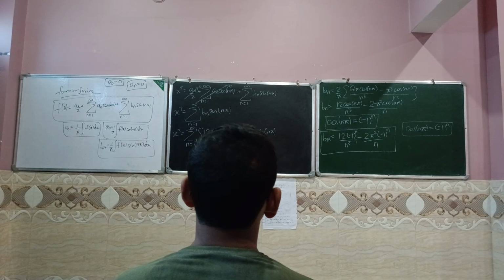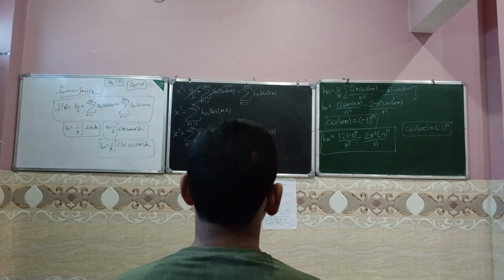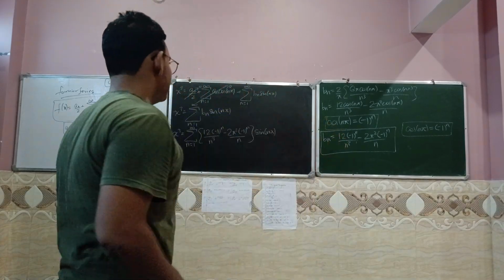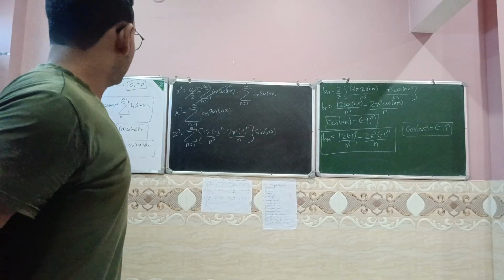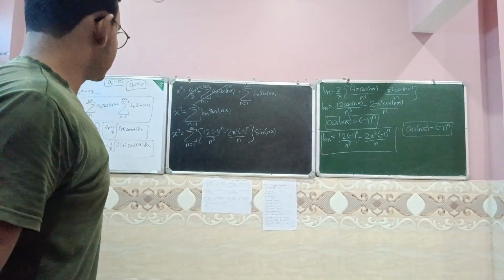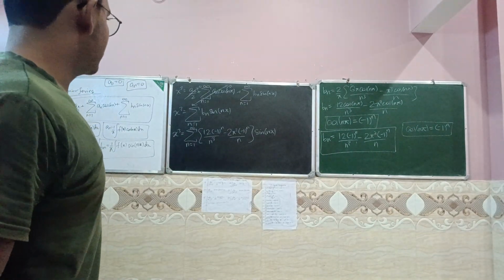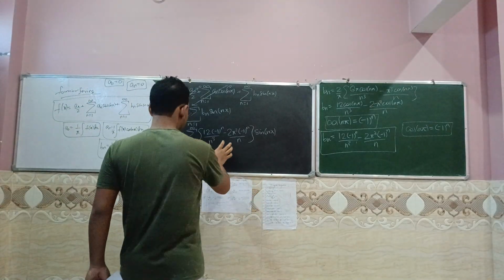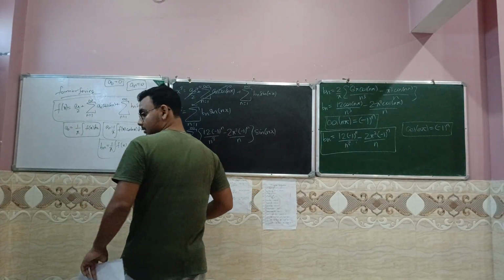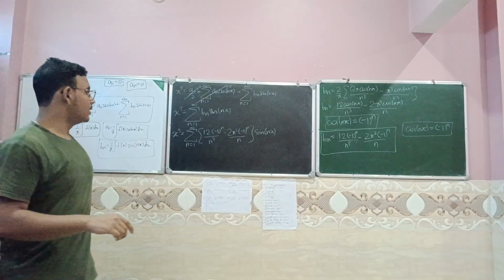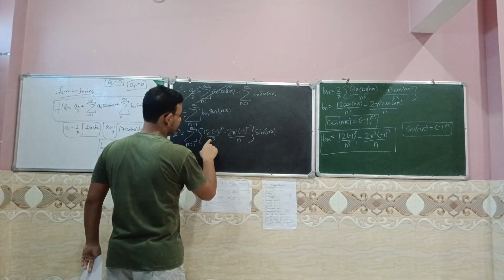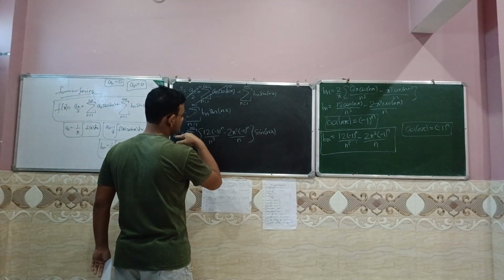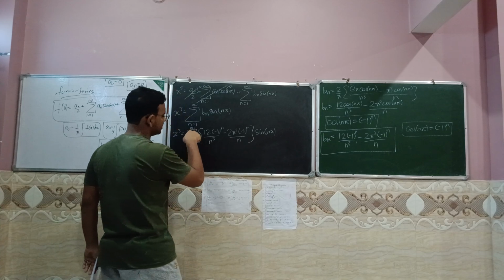Guys, just let me have some time to think about the sine of nx, on which value of x I would use. Look guys, this negative 1 to the n over n cube is a constant, so it would be outside the summation.